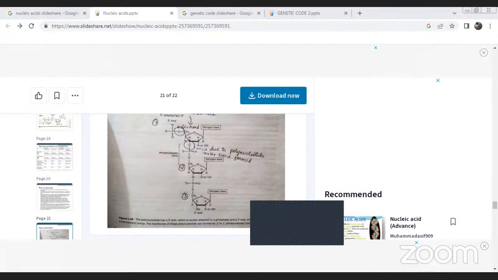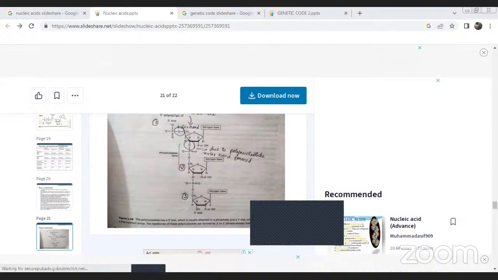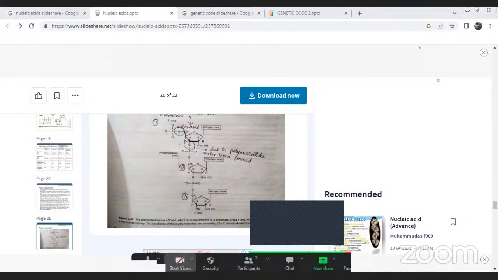There is a wide variation in the base ratio, the AT and GC contents, of different DNA molecules. DNA in higher plants and animals has an excess of adenine and thymine over guanine and cytosine. Viruses, bacteria, and lower plants are rich in both AT and GC.